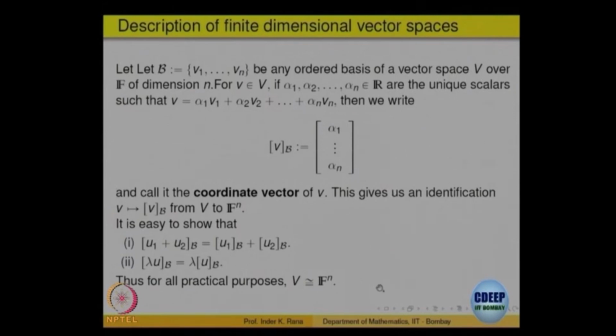If it is complex, C to the power n; if real, R to the power n. That is why finite dimensional abstract vector spaces are not difficult to handle, because we can transform everything to R n or C n by picking an ordered basis and writing the coordinates. What becomes difficult is when they are infinite dimensional.